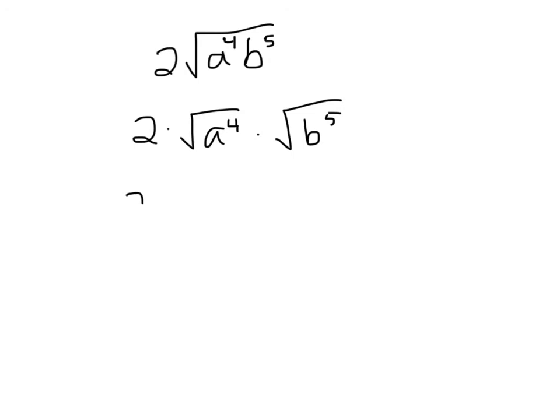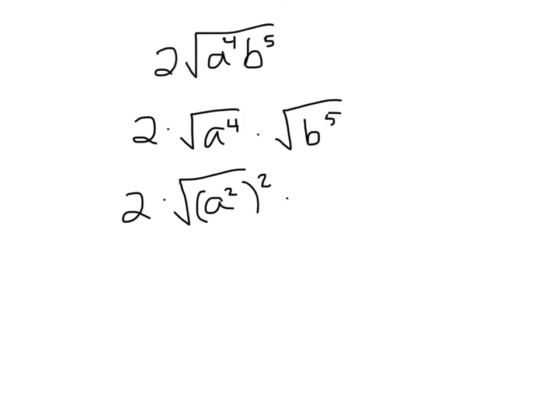We can look at a to the 4th as a squared raised to the second power, because remember, when we have a power to a power, we multiply. A squared to the second power is a to the fourth.